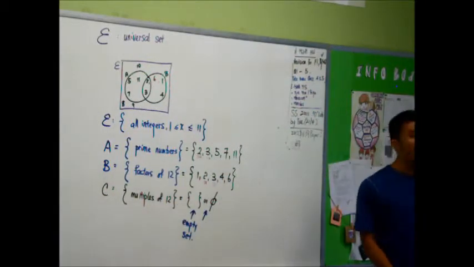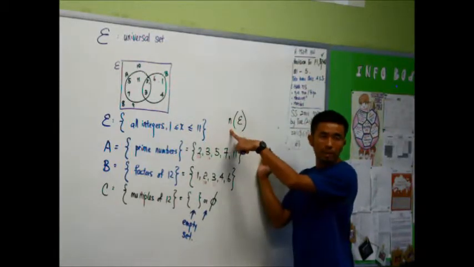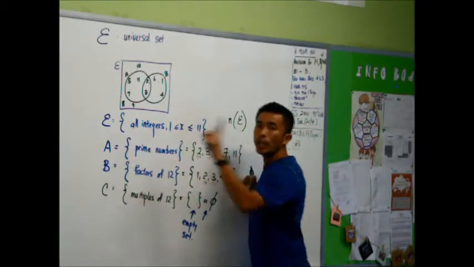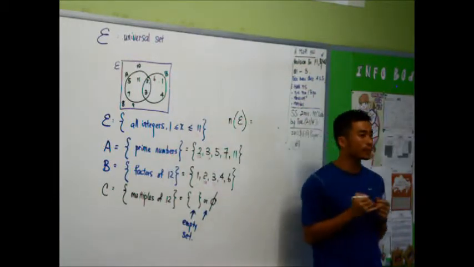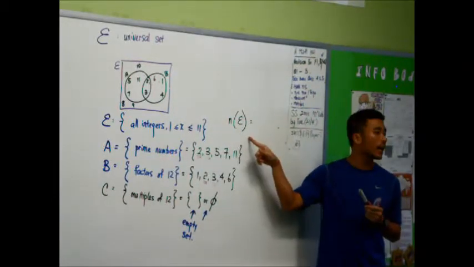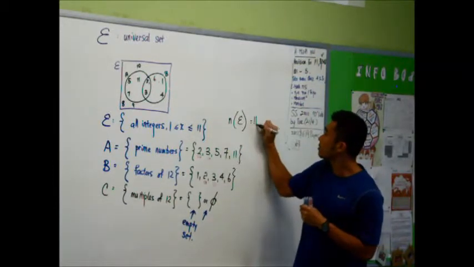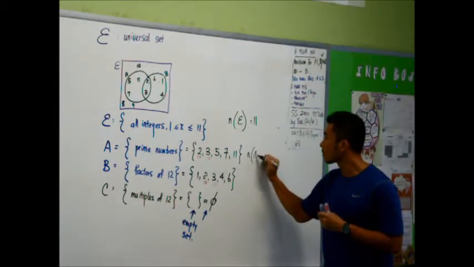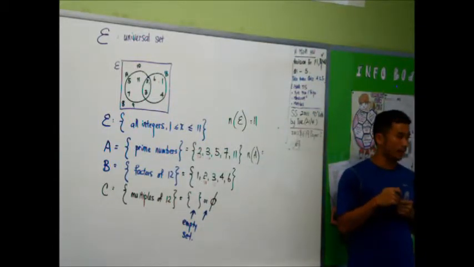How to count the number of elements now? When you put an n outside the set, you are telling me you need to count the number of elements inside the set. Make a good guess, how many are there? From 1 to 11? 11. How many elements are there in set A? 5.